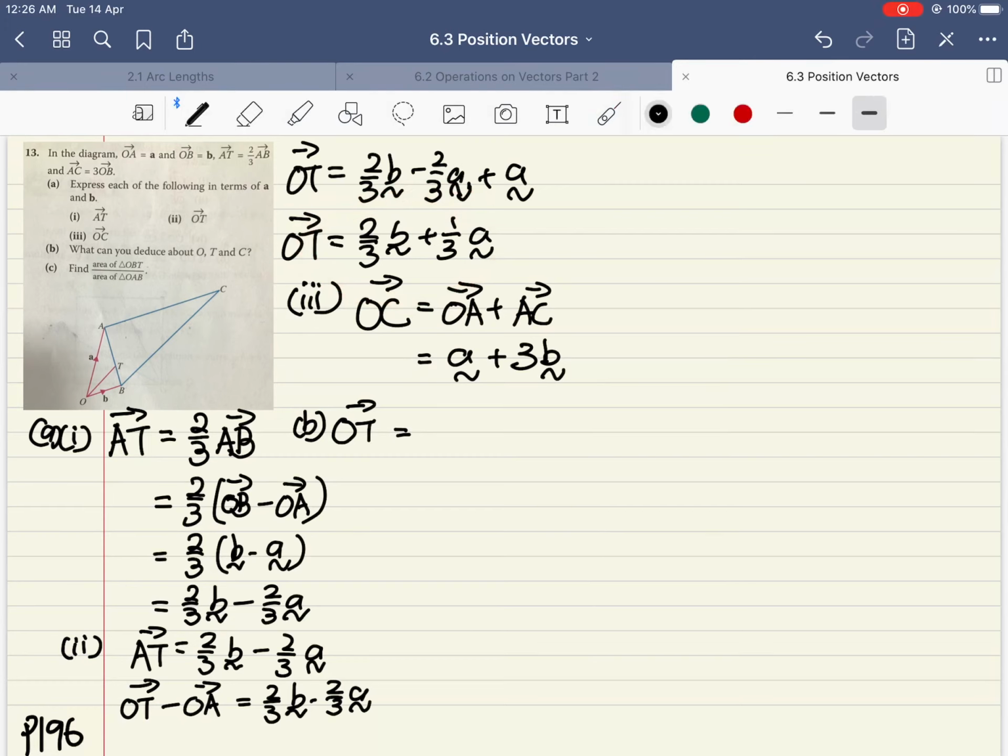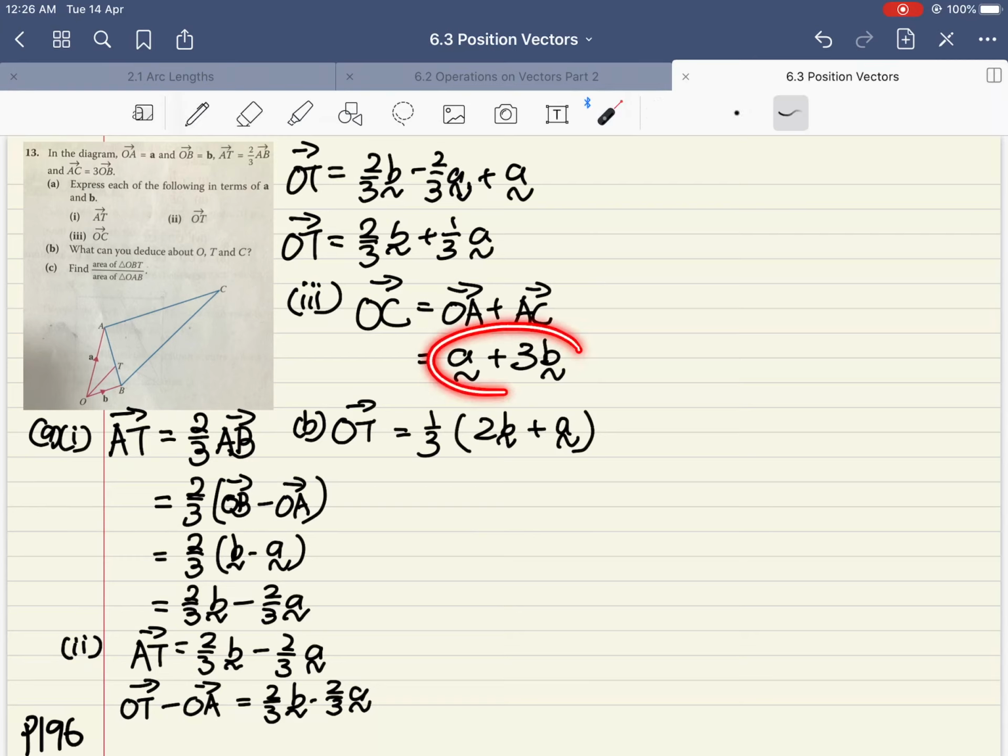OT is 2/3 B plus 1/3 of A. If I factorize 1/3, what I get is 1/3 of 2B plus A, which is A plus 2B.